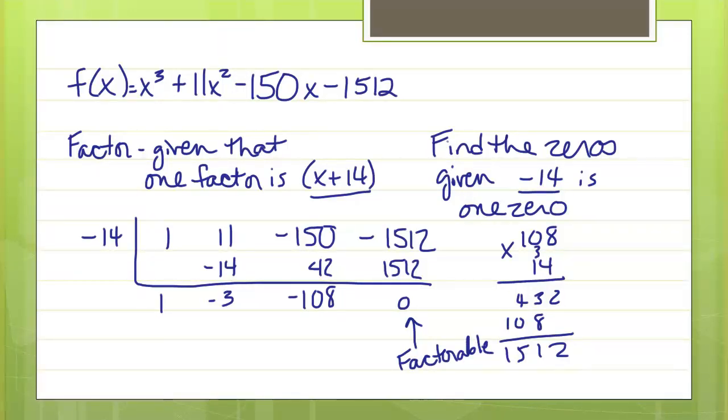So now, what is this thing I got? Well, this thing I got is x squared, because I had x cubed divided by x, minus 3x minus 108. And if it's factorable, I have to really factor it.